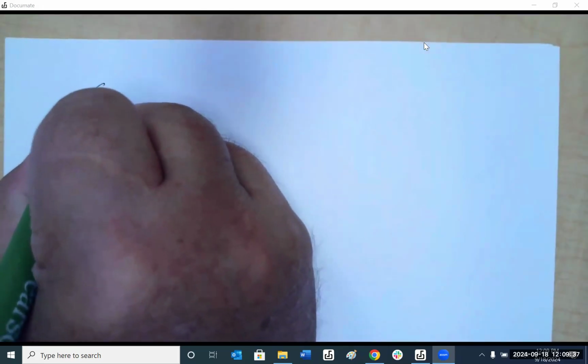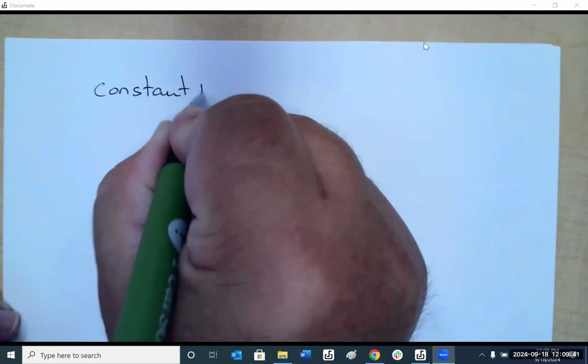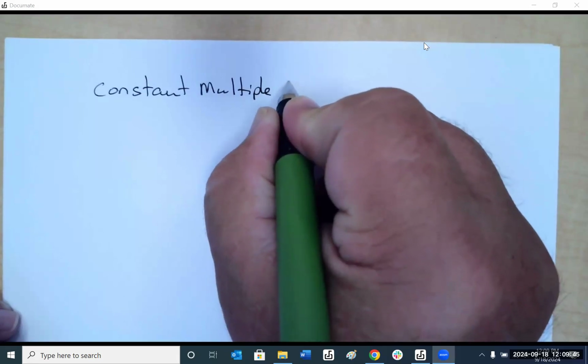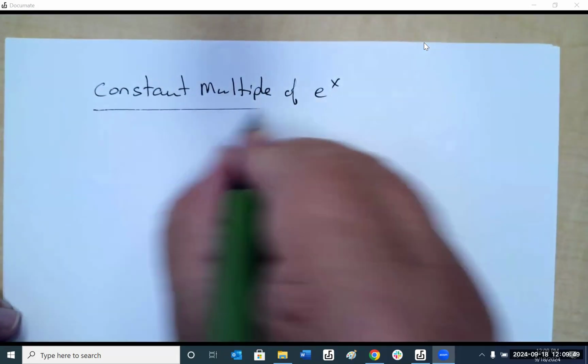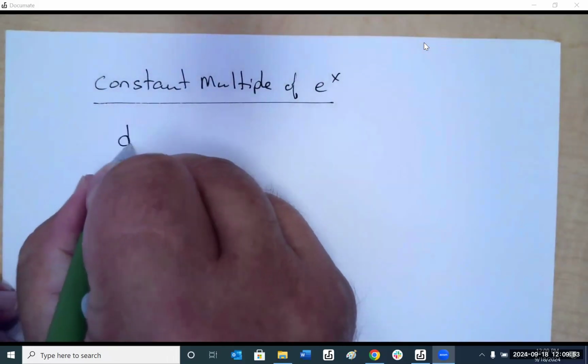What if we had a constant multiple? What we're saying is this.